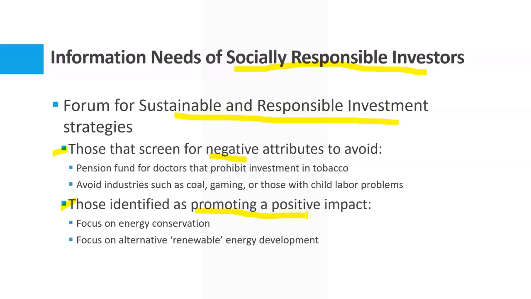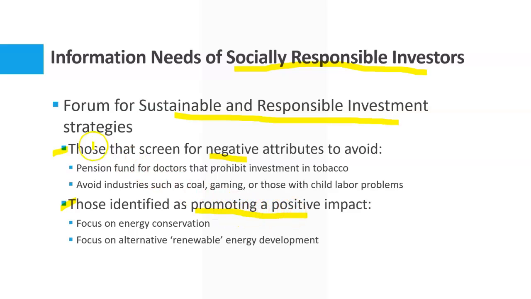So what kind of information is being looked for by the SRI, the social responsibility investor? They will look at the information based on their strategy. Which type are we looking for? Either they will screen for the negative attribute or they look for the promoting of positive impact.